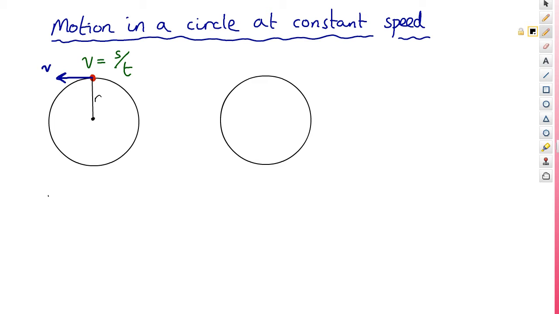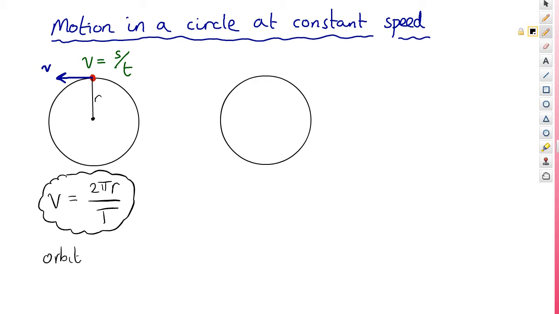So we can say that v, in one complete time period, will have gone a distance of 2 pi r. And look at that, we've immediately derived a very useful expression for what we call orbital speed. So that's the orbital speed of an object which is going at constant speed in a circle.